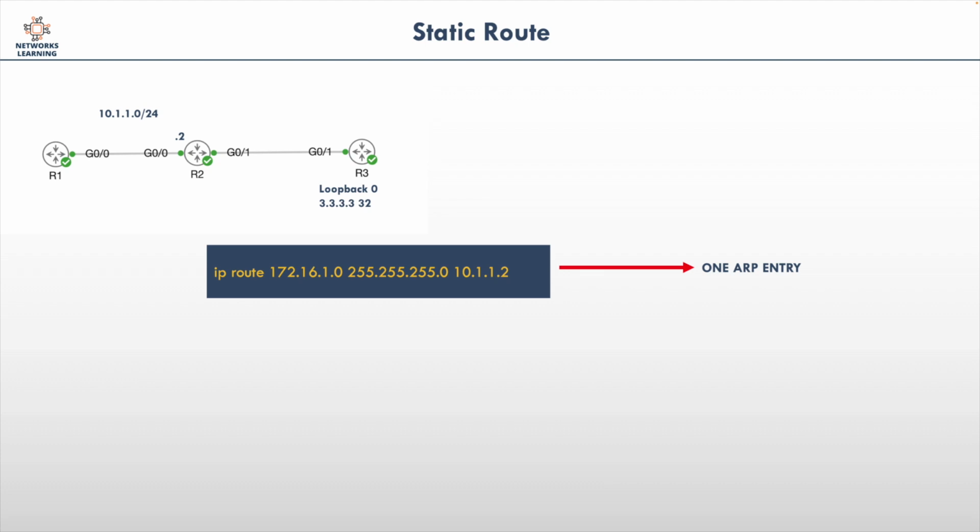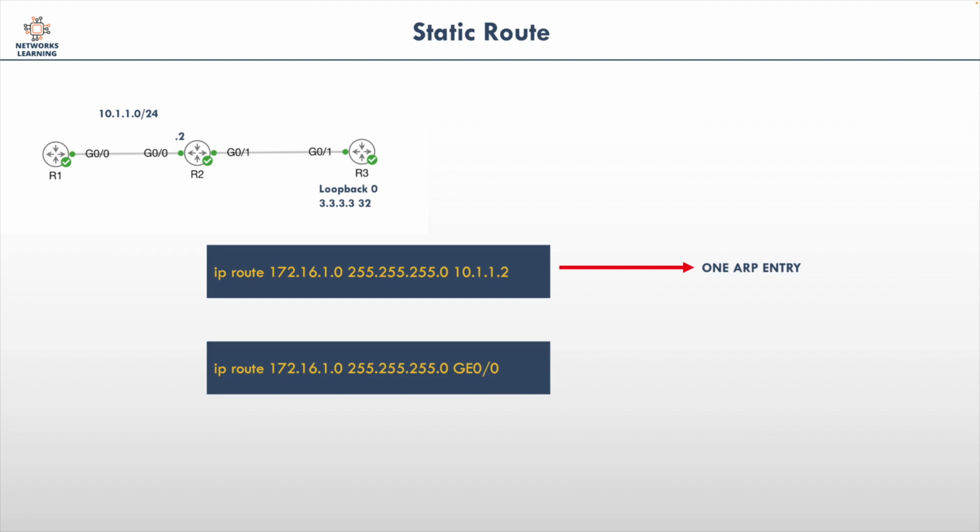So router R1 needs one MAC to IP mapping. That's one entry in the cache. However, if I specify an outbound interface instead of a next hop IP address, I will end up with several ARP entries. So for example, if I'm routing to 172.16.1.5, router R1 needs to send an ARP request for this specific IP address.